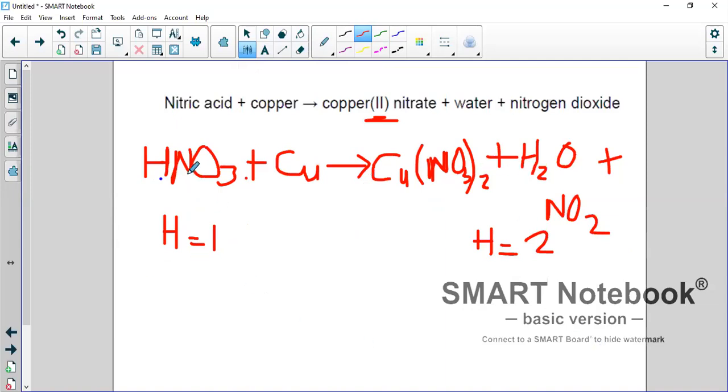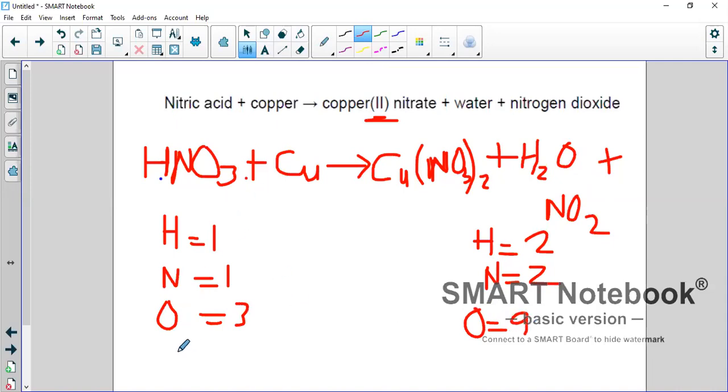Then I've got nitrogen here. Nitrogen, I've got 1. And here nitrogen, I've got 2. And oxygen here, I've got 3. And here, oxygen, I've got 2 times 3, which is 6. 6 plus 1, 7. 7 plus 2 makes it 9. The oxygens are 9.